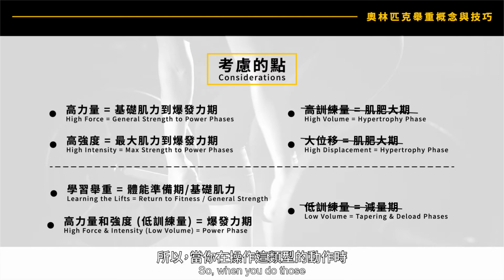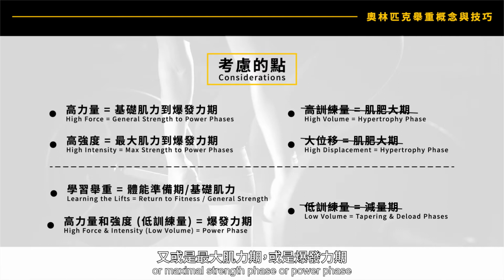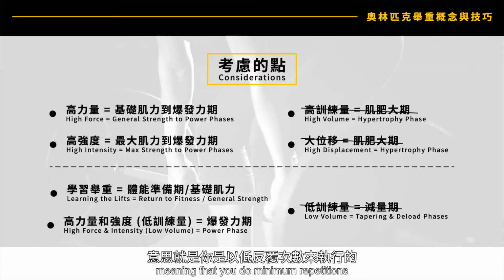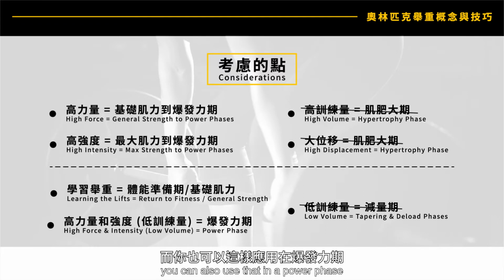You're basically learning how to do it to set yourself up for the general strength, maximal strength, or power phase. And at the end, some of the high force, high intensity exercises with low volume, meaning minimum repetitions, you can also use in a power phase.